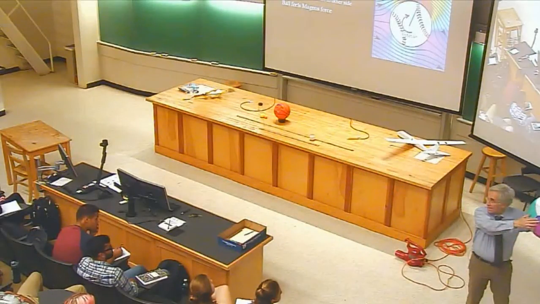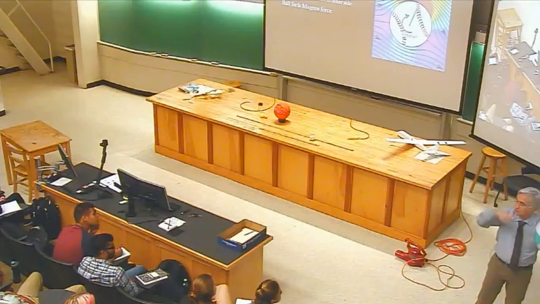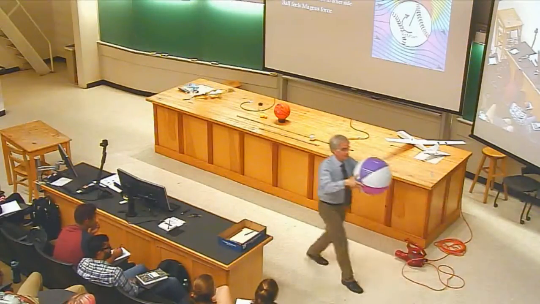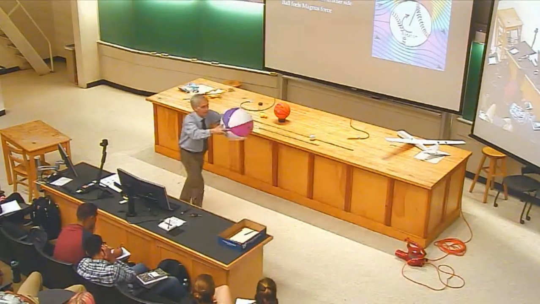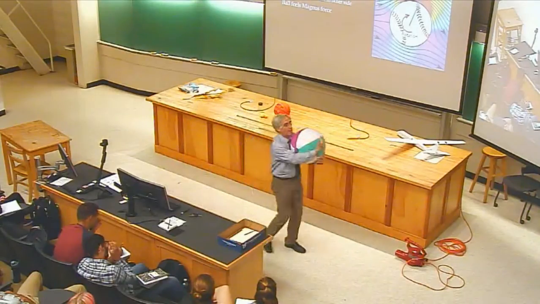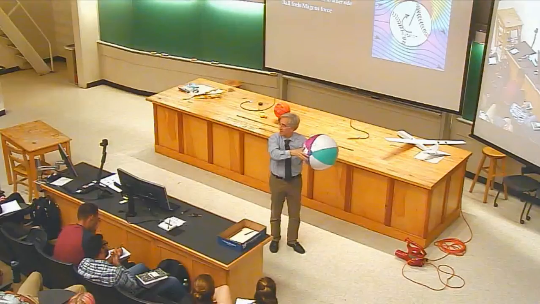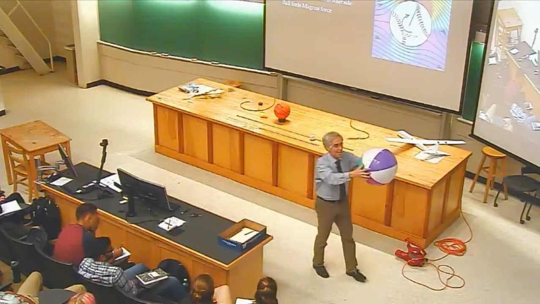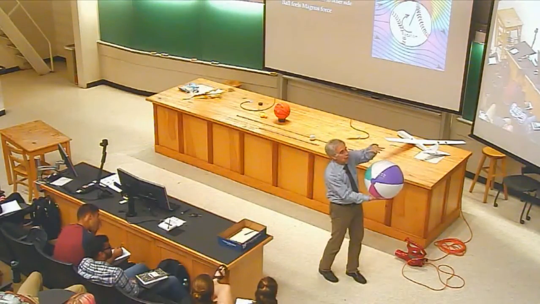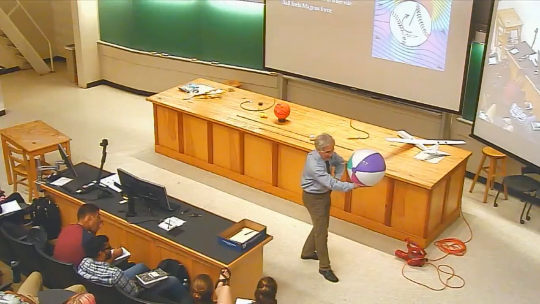Can you picture that? Don't look at that picture because the directions are all wrong. But it's spinning like this. The air is flowing very fast on the top. That's the good side. The wind goes with it. And so the air comes across and is kicked down like that.